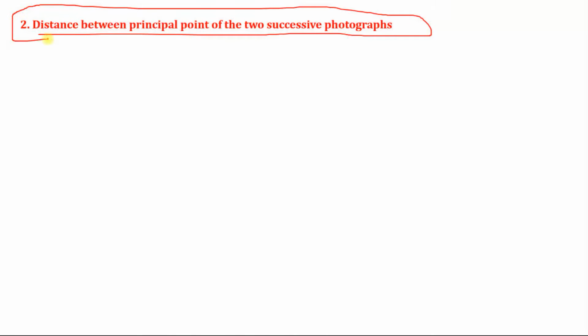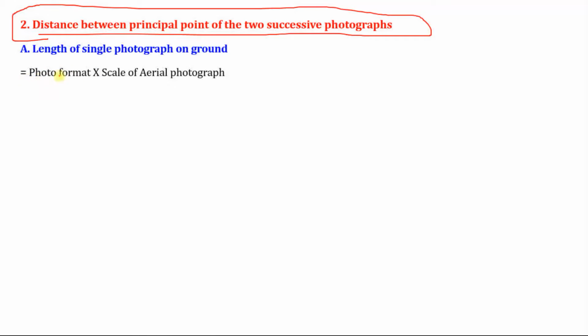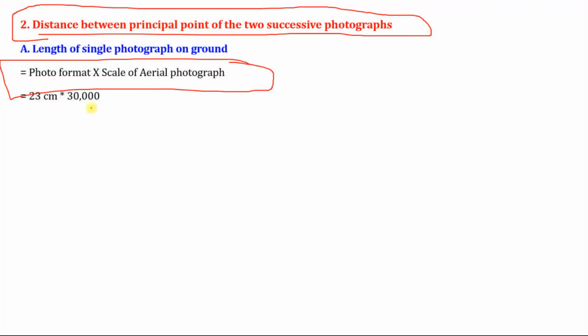Next example, distance between principal points of two successive photographs. First, length of a single photograph on ground, which is photo format into scale of aerial photograph. This is the formula for the calculation of the length of a single photograph on ground. 23 centimeter into 30,000: 23 centimeter is the photo format, 30,000 is the scale of aerial photographs, giving 6,90,000 centimeter.